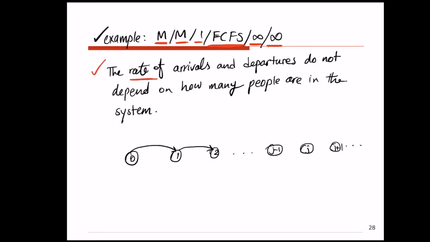And then the number on the arrows that connect the states shows the rate of arrivals or departures. I'm going to show the rate of arrivals by lambda and the rate of departure by mu, and lambda and mu do not depend on how many people are in the system. So no matter if there are 0, 1, or 2 people in the system, the rate of arrival of customers or entities to the system is lambda.